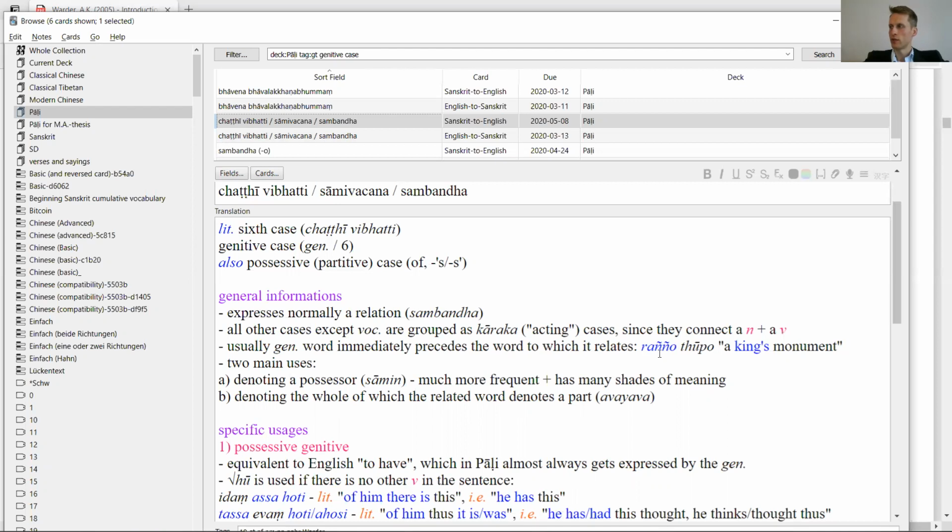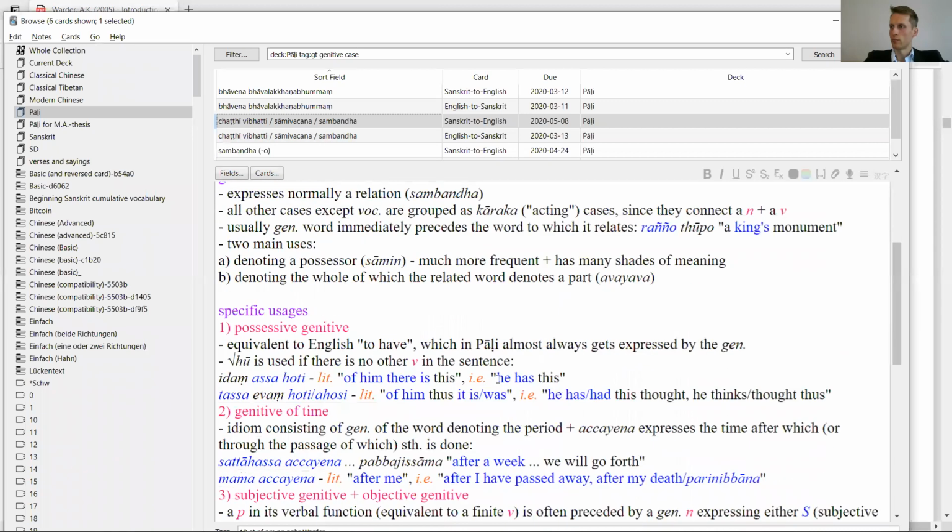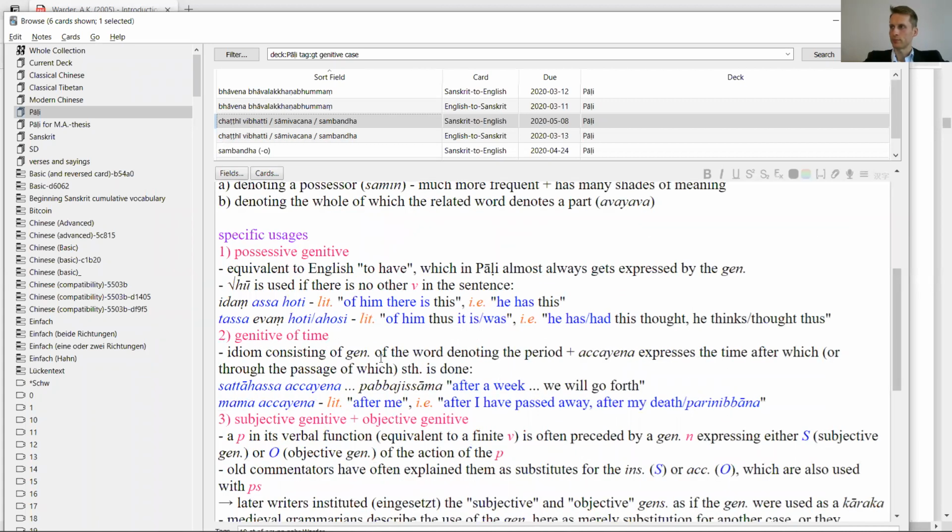If we say, for example, here, rañño thūpo, this means a king's monument, so rañño being the genitive. Moreover, idaṃ assa hoti, of him there is this, he has this. So even what we call in English the verb 'to have' is expressed in Pali, also in Sanskrit, in this construction.